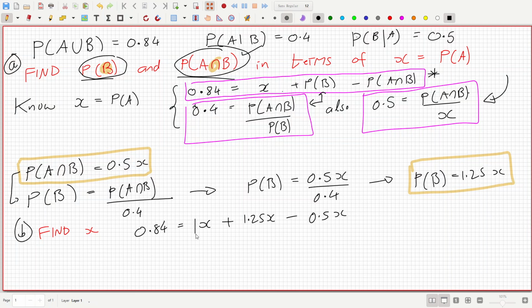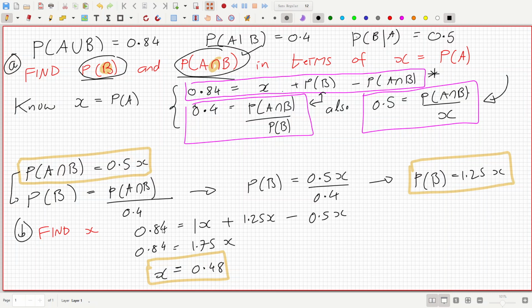So it's like 1x plus 1.25x minus 0.5x. So we get 0.84 equals 1.75x. So x equals 0.84 divided by 1.75, which is 0.48. So that's the x.